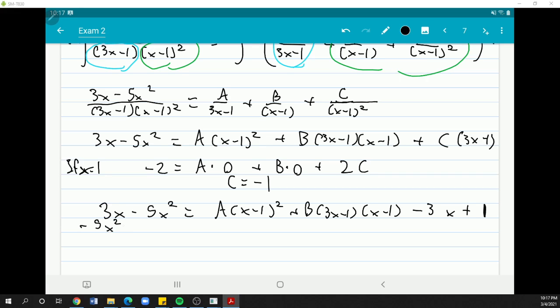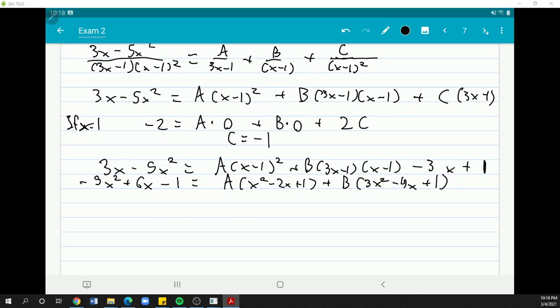minus 5x squared plus 3x plus 6x minus 1, adding this to both sides, is a, and now if I expand this x minus 1, it's x squared minus 2x plus 1, plus b, expand this, I get 3x squared, minus 3x minus x is minus 4x, and then plus 1.